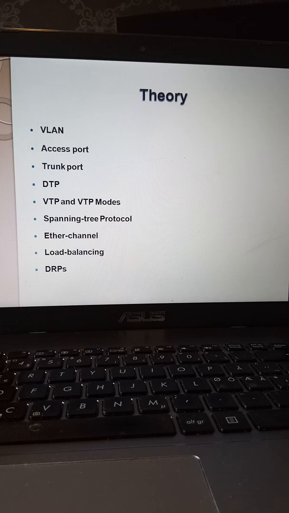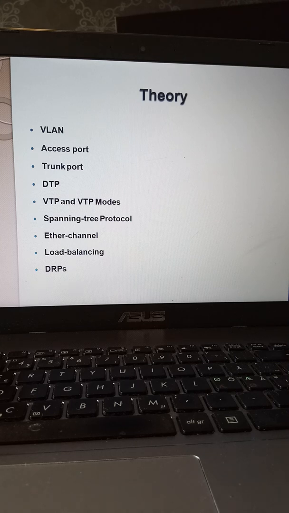The network administrator should have a strong background in the theory: VLAN, access port, trunk port, dynamic trunking protocol, VLAN trunking protocol and its modes, spanning tree protocols like MSTP, PVST, and rapid spanning tree protocol, and EtherChannels and their modes as well, and load balancing.